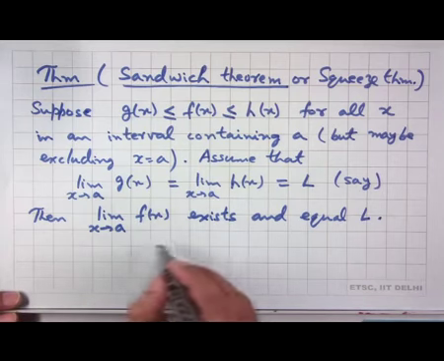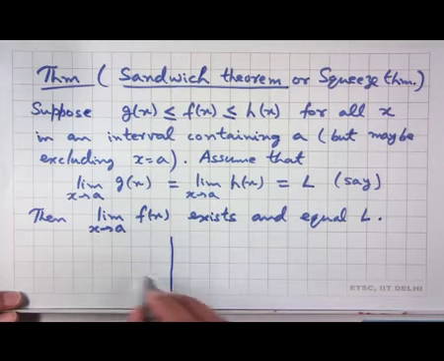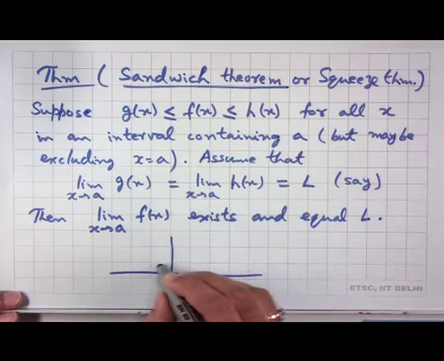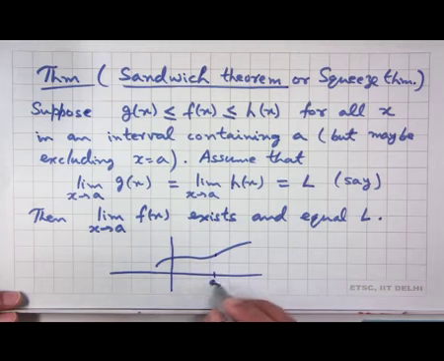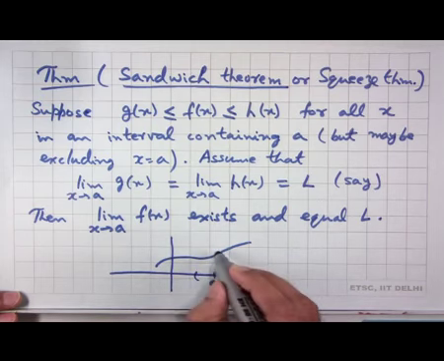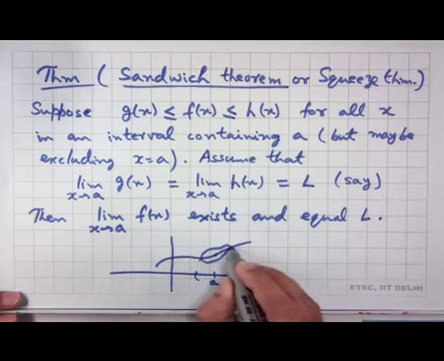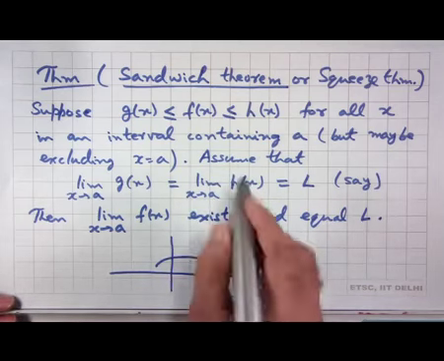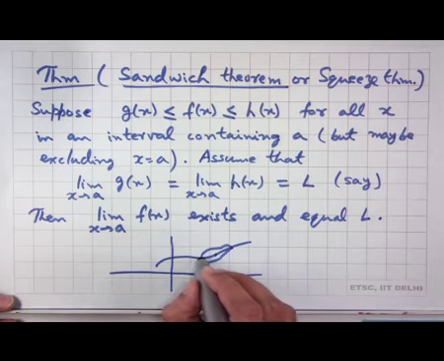If you see using a graph, what this says is that suppose you have a function such that in some interval this f of x is between two functions g of x and h of x, and the limit is the same.